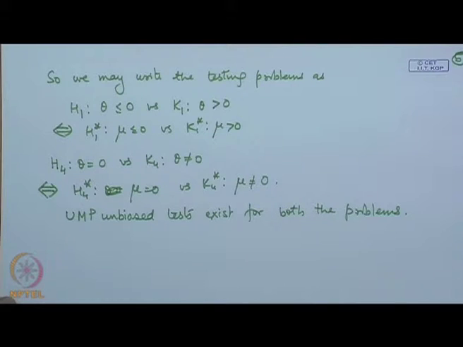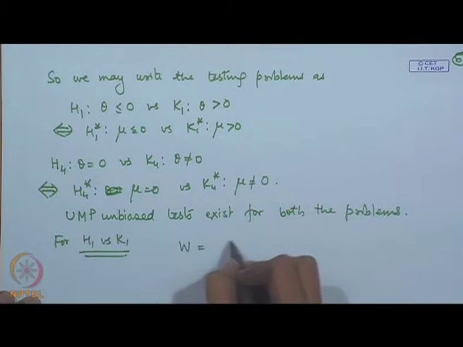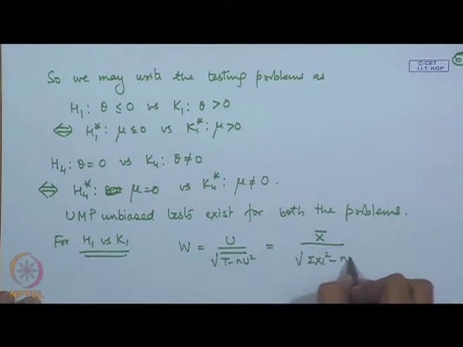So, now let us consider the H 1 versus K 1 problem. For this problem, I define W is equal to U by square root of T minus n U square, that is x bar divided by root of sigma x i square minus n x bar square.